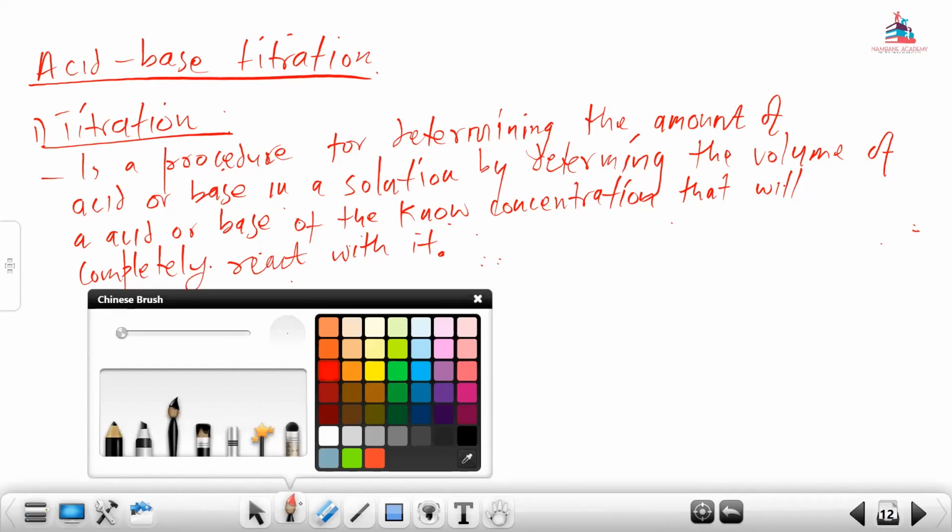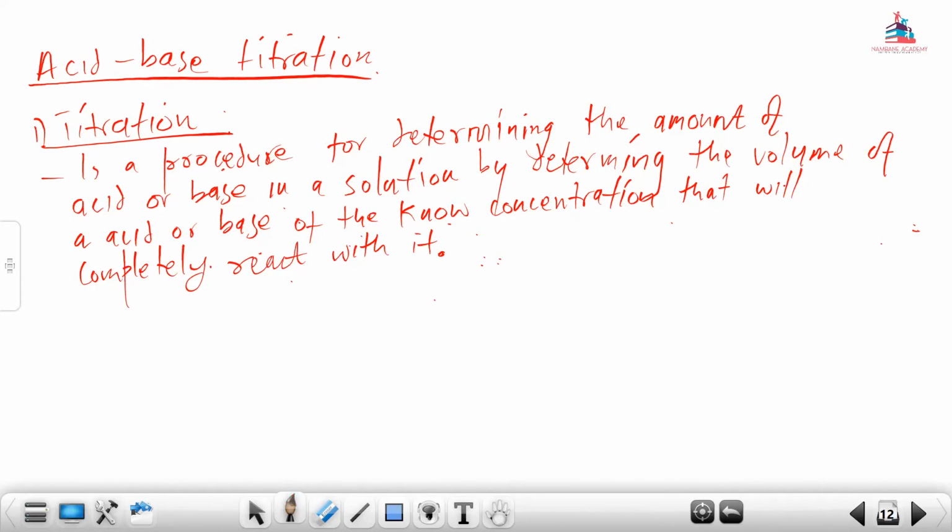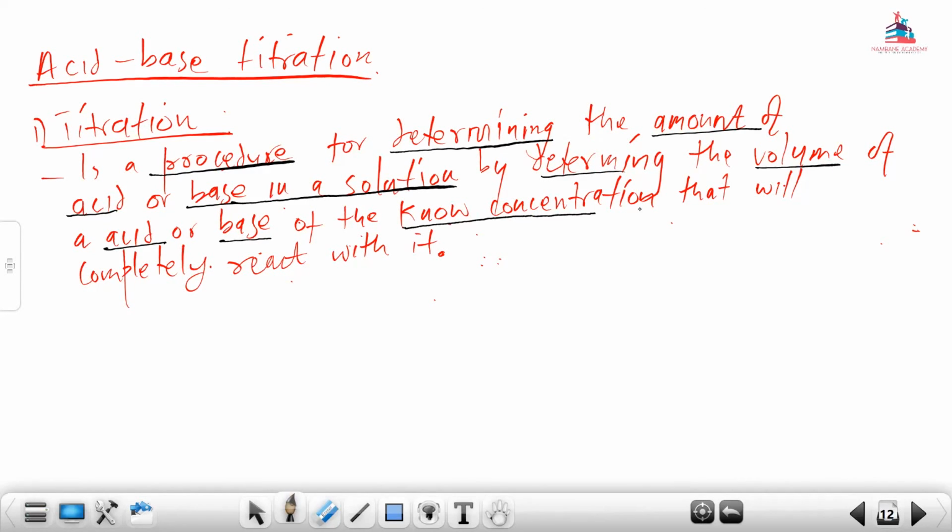So let's highlight key things. It is a procedure. That means it is an experiment that we can perform in a laboratory. But why? We want to determine the amount of acid or base in a solution by determining the volume of either acid or base of the known concentration. Very important. That will now completely react.